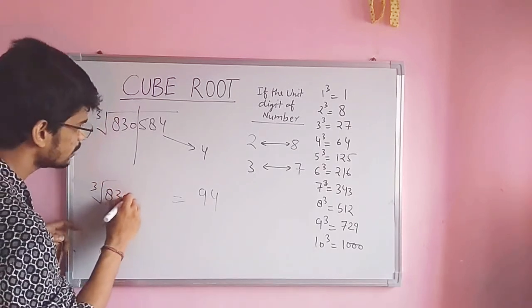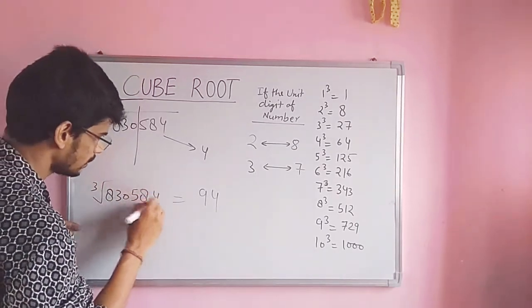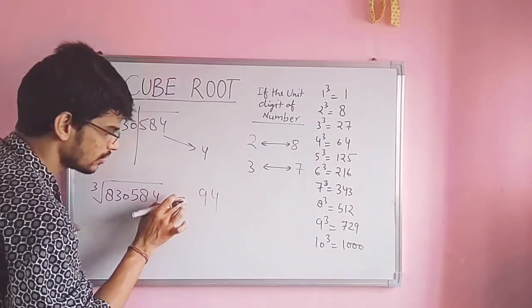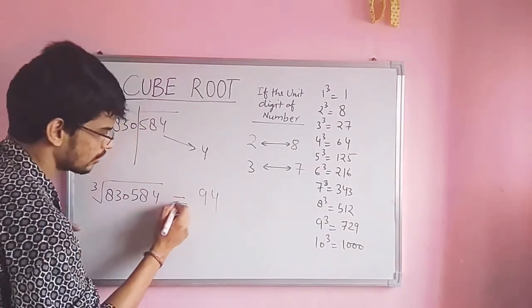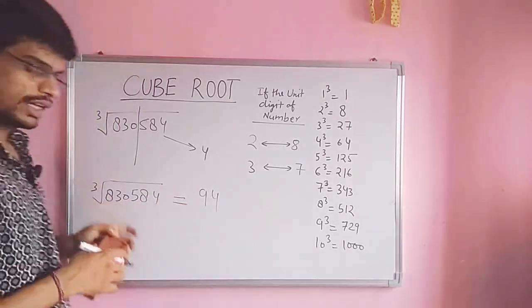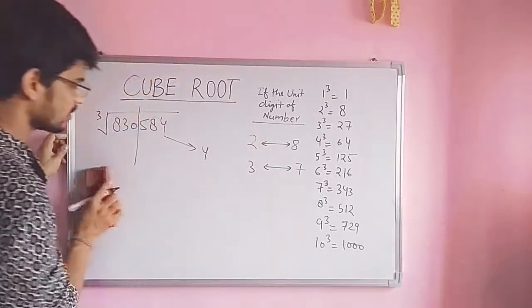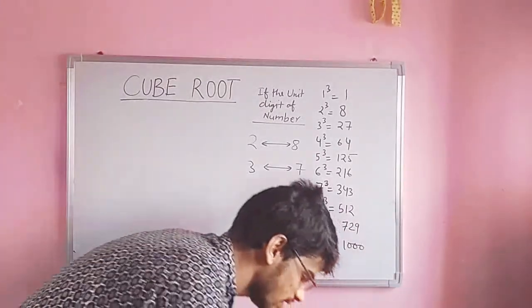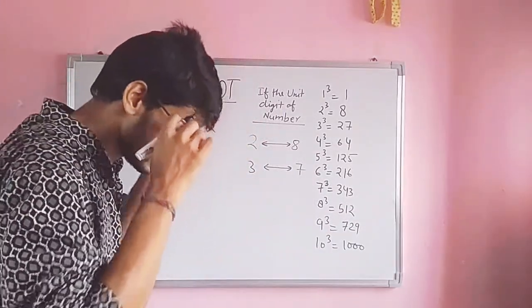So 830584 is the cube root of what? 94. Let's take a few more examples by which we get the condition of others.